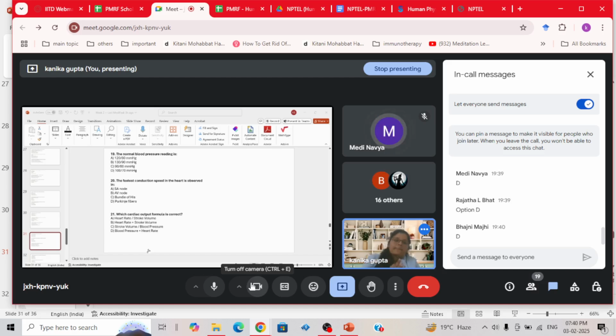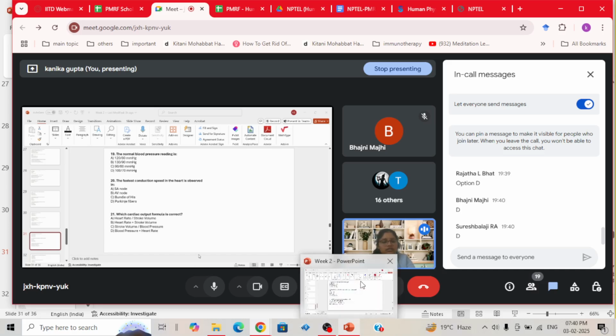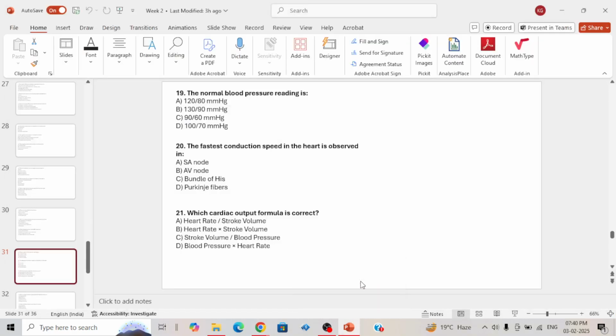Everyone, whoever has answered, if you think the answer is D, you are right. The answer is Purkinje fibers. The fastest conduction speed in the heart is observed in Purkinje fibers. Let's move to the next question.